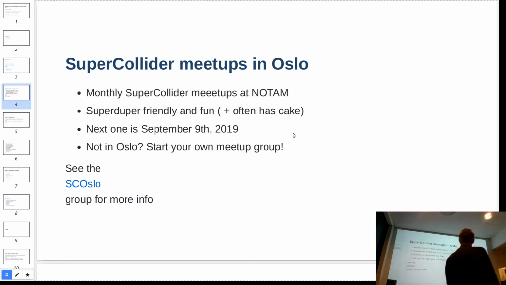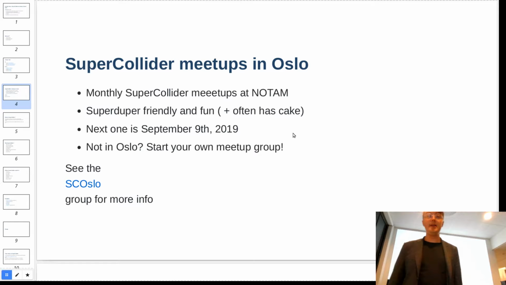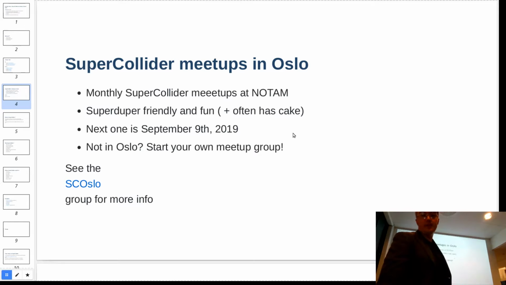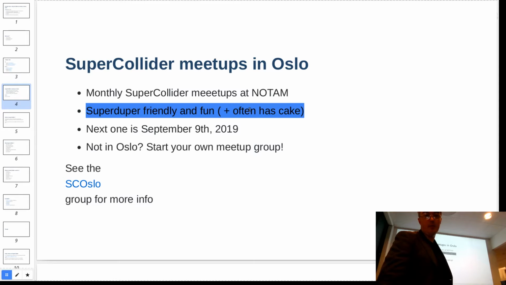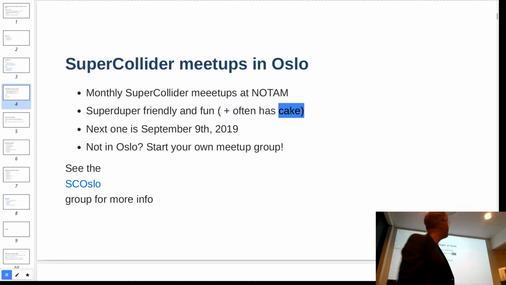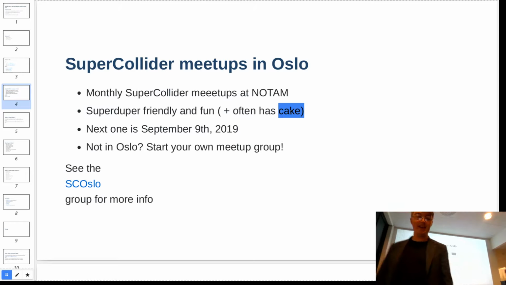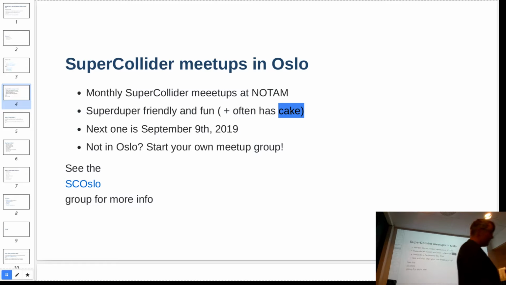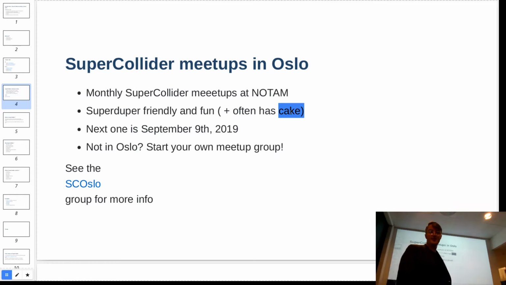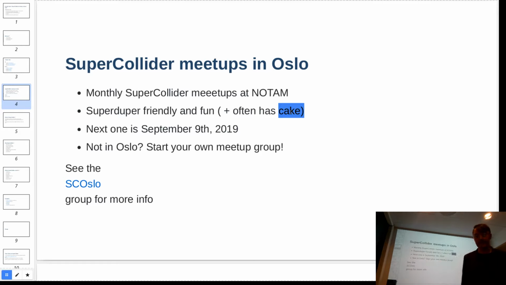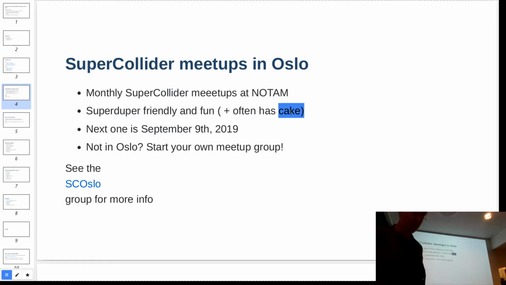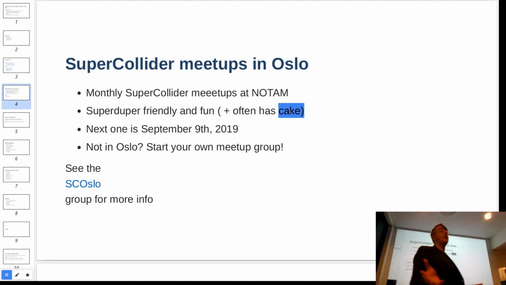Next week we have a meetup here at 7 p.m. I recommend coming. And this bit right here, even though it's in a parenthesis, it's very important: there's often cake involved in these meetups. I think there's a very friendly atmosphere, and it doesn't matter if you've never written a line of code before in your life, or you've written a million lines of code. It's really for everyone. And if you've come here from afar, or if you're watching this from some other place on the planet, then I would recommend starting a meetup group.